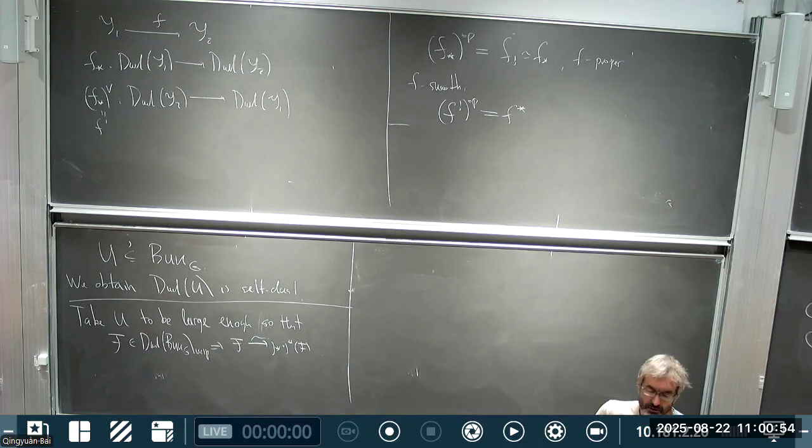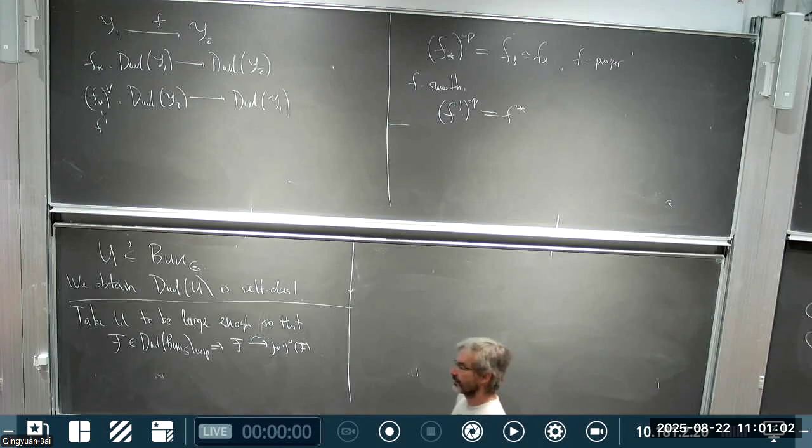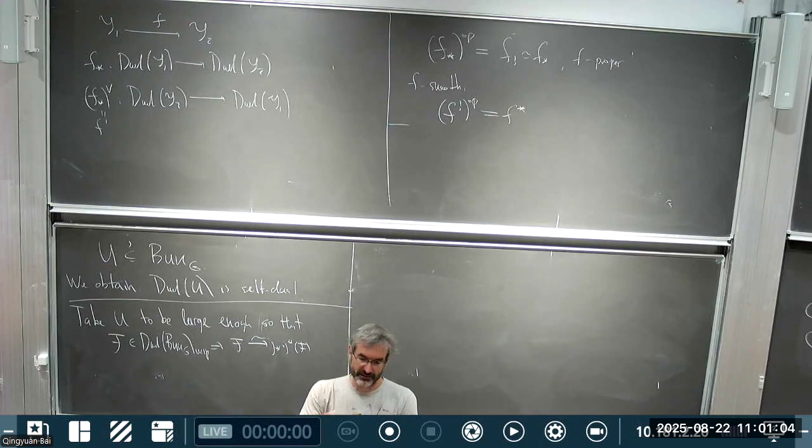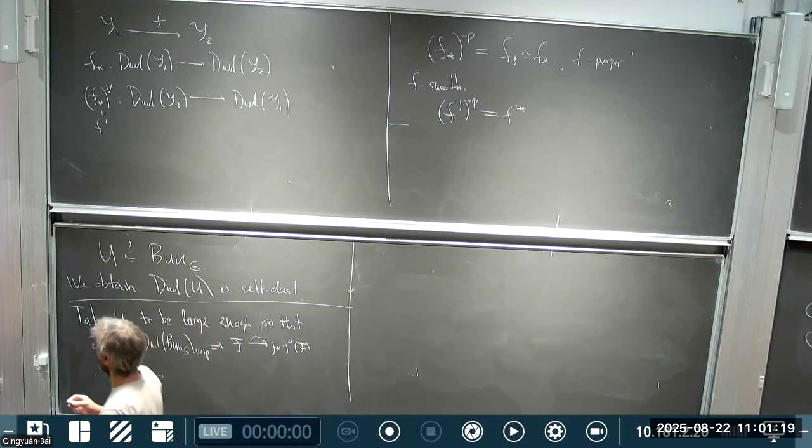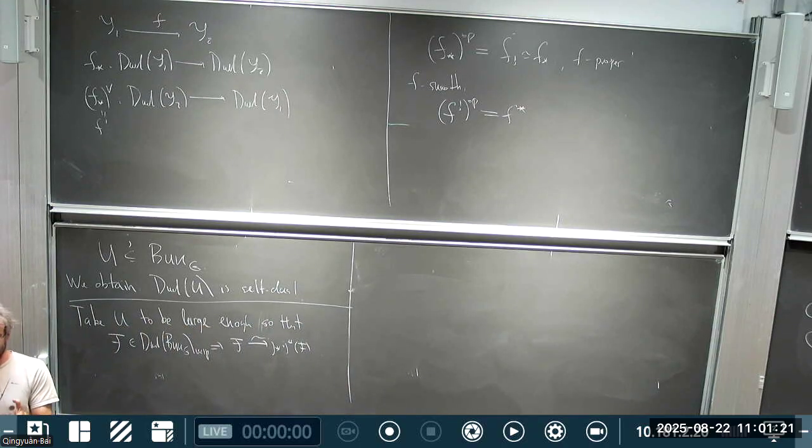From compact objects to compact objects. Exactly. So I'm saying that duality is a contravariant self-equivalence of compact objects, or the category of compact D-modules. But it's not from C compact to C compact. It is, yeah. But C is not. So it's a contravariant functor.